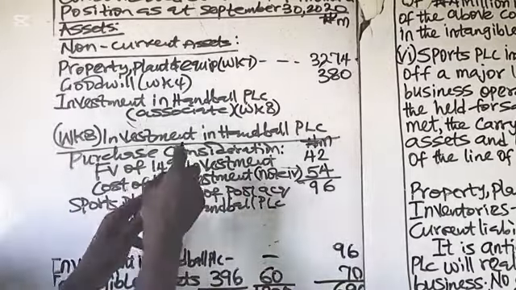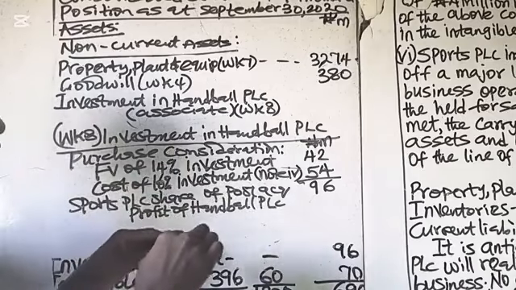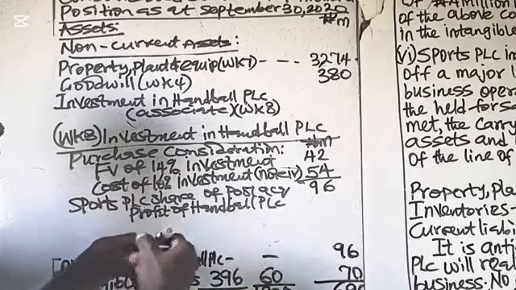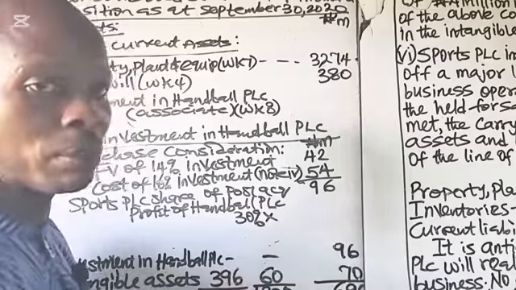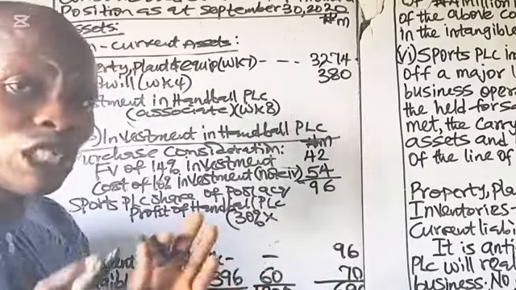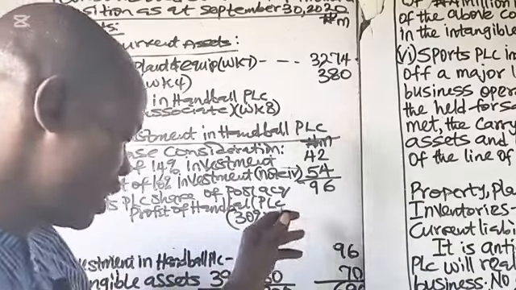Remember, the holding has now increased to 30%, being 14% plus 16%. So you have 30% of the post-acquisition profit of Handball.